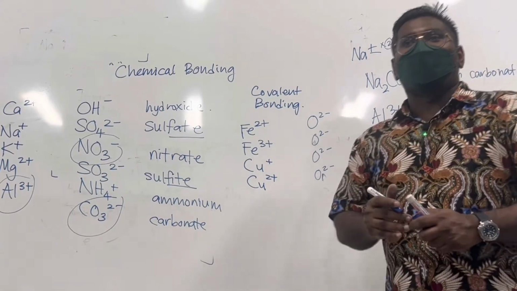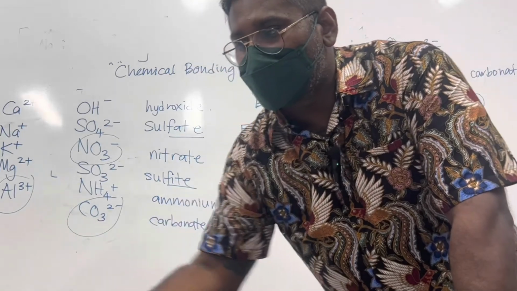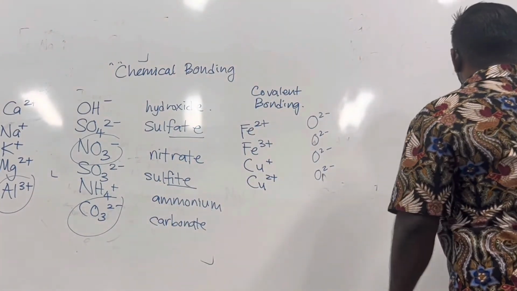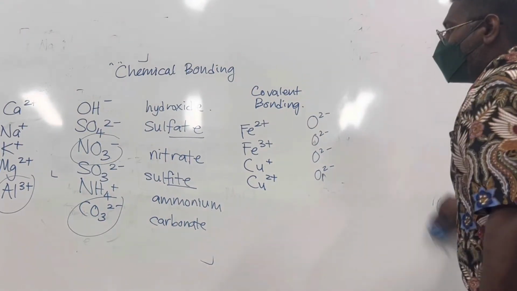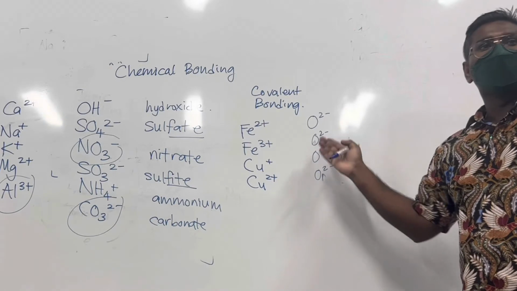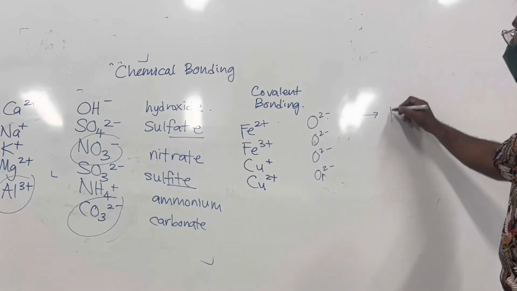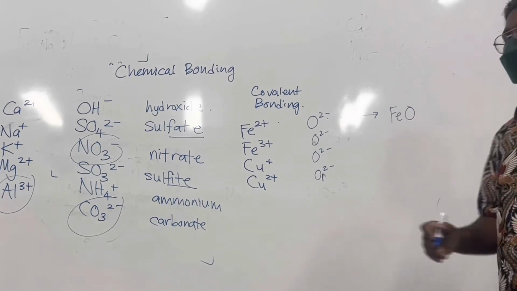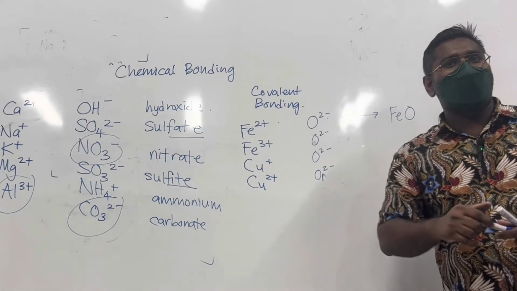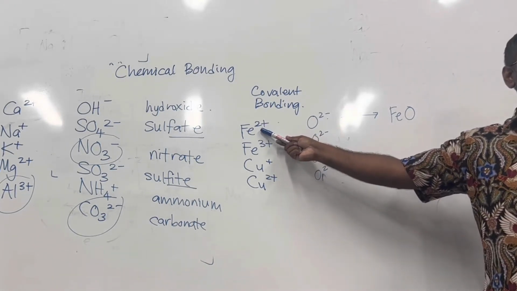When I join them with O2-, let's see how I write them. You see, Fe2+ and O2-, you join them together, same and same, you are going to get FeO. Now, because Fe is 2+, this is what we call the oxidation number.